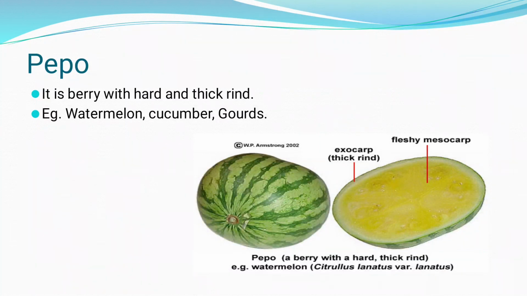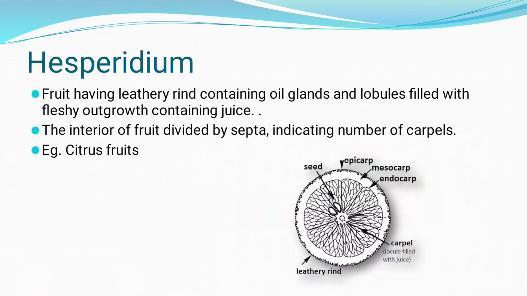So these are the berries with the hard and thick rind. The examples are watermelon, cucumber, some type of gourds, okay, bitter gourd. So all these are, and then bottle gourd, all these belongs to the category that is pepo, and it is a type of berry.